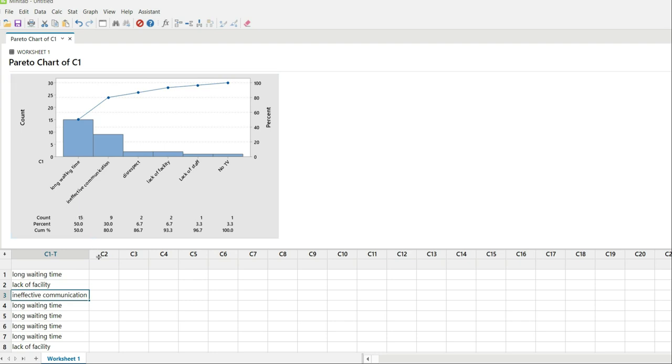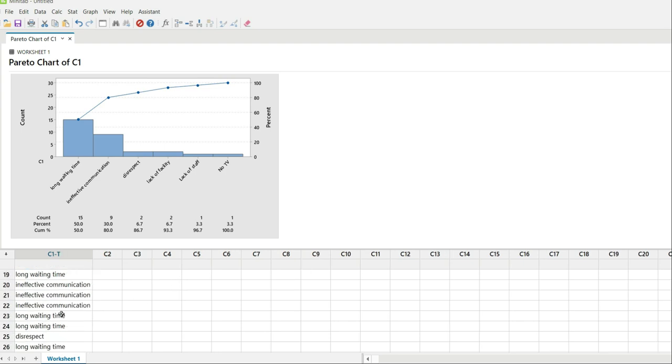From the total, here the total number of data is 30. Yes, as per the raw data, 30 patients. So the count for the first one is 15. What does it mean? From the total, almost 15 patients are not satisfied because of long waiting time.